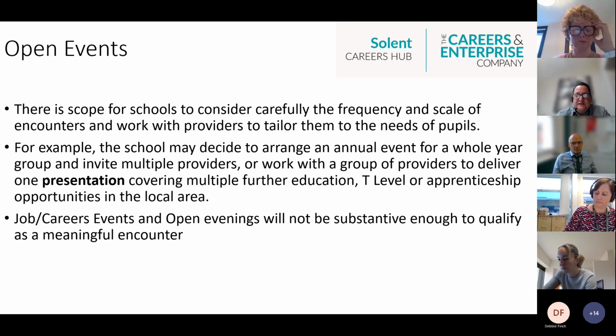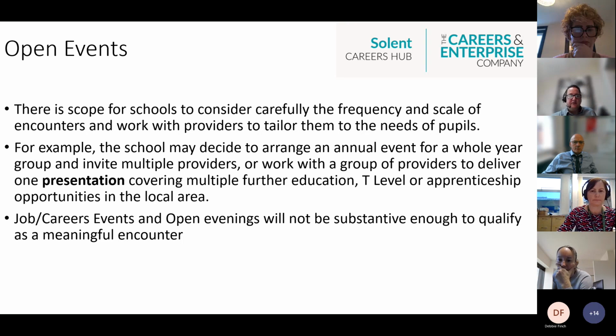For example, the school may decide to arrange an annual event for a whole year group and invite multiple providers, or work with a group of providers to deliver one presentation covering multiple further education, T-level and apprenticeship opportunities in the local area. Job careers events and open evenings will not be substantive enough to qualify as a meaningful encounter.